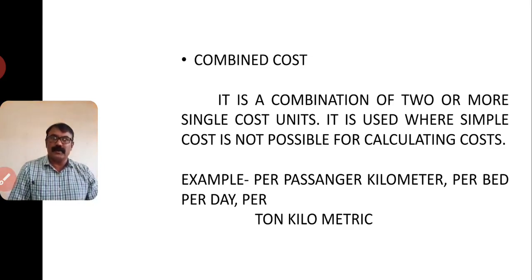It is called a combined or composite cost. For example, per passenger kilometer, per bed per day, per ton kilometer. Here passenger is one unit and kilometer is another unit. By combining two units, we can ascertain the cost easily.